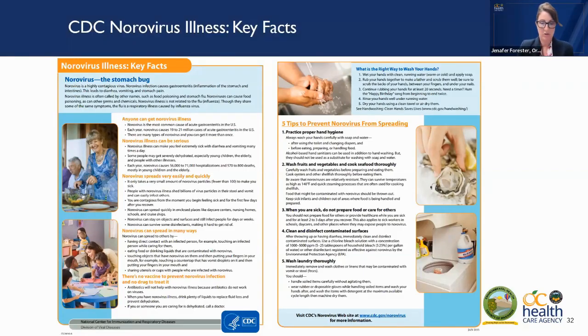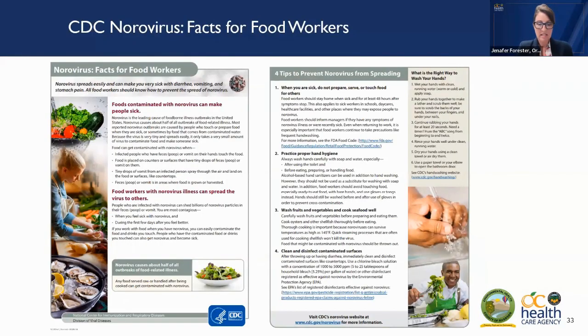Wash laundry thoroughly. CDC also has developed something similar, but this one will focus on facts for food workers and provide information on common sources of norovirus and the spread of norovirus through infected food workers.